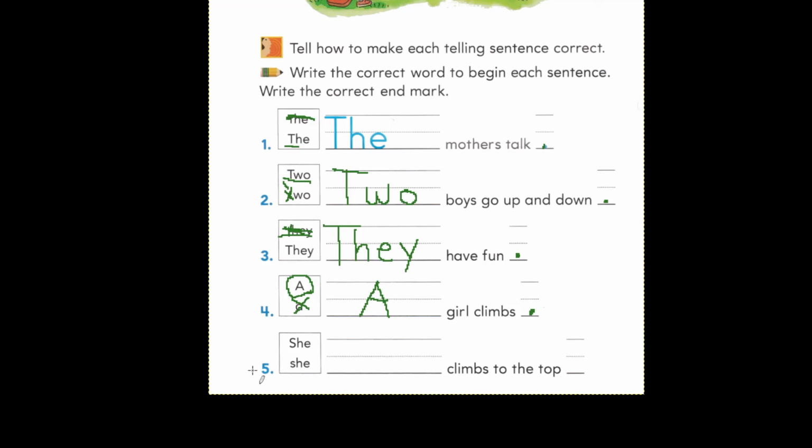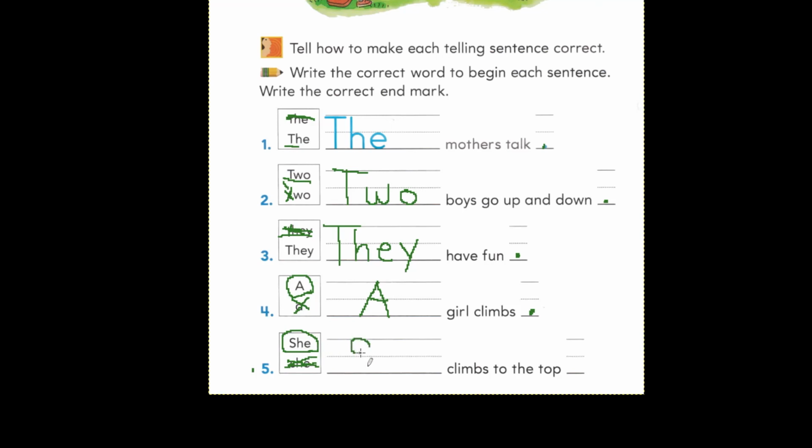Let's see number 5. Right there, number 5. She. Well, the first part of a telling sentence is you need a capital letter, an uppercase letter to start it off. So this is a lowercase s, so that's not it. So it's this one right here. And this says she.